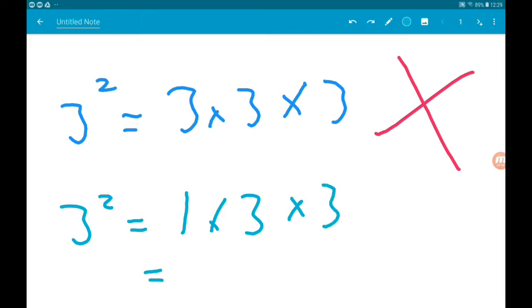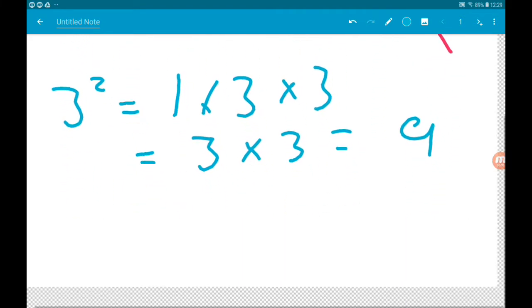Now, of course, in practice, we don't really bother writing the 1 at the start, but for the next few examples, I'm going to just try and demonstrate what the power really means. So, 3 squared, 1 times 3 times 3 is of course just 3 times 3, which is 9.